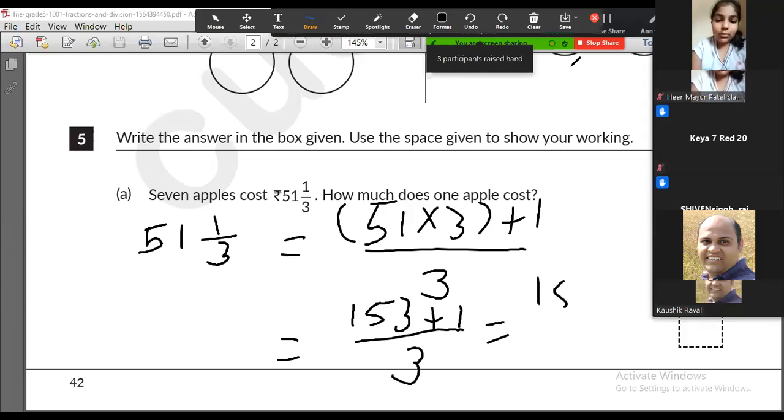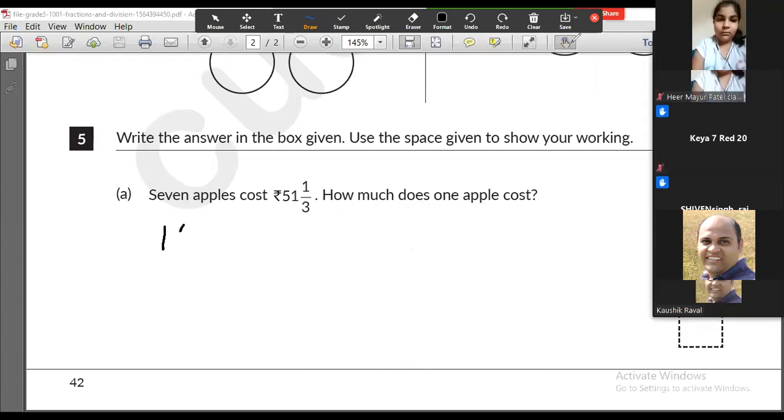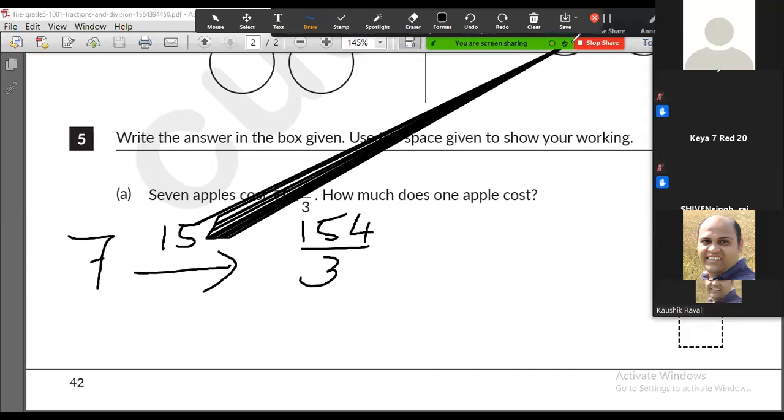That is 154 upon 3. Okay. So we have got this much. Remember this number. 154 upon 3 is the cost of 7 apples, right? So 7 apples cost 154 upon 3 rupees.